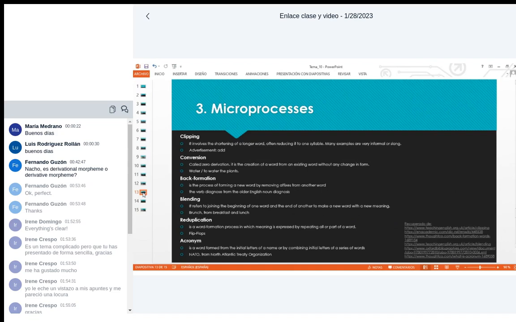Well, back formation is also the process of forming a new word by removing affixes from the initial word. Any example of a back formation?